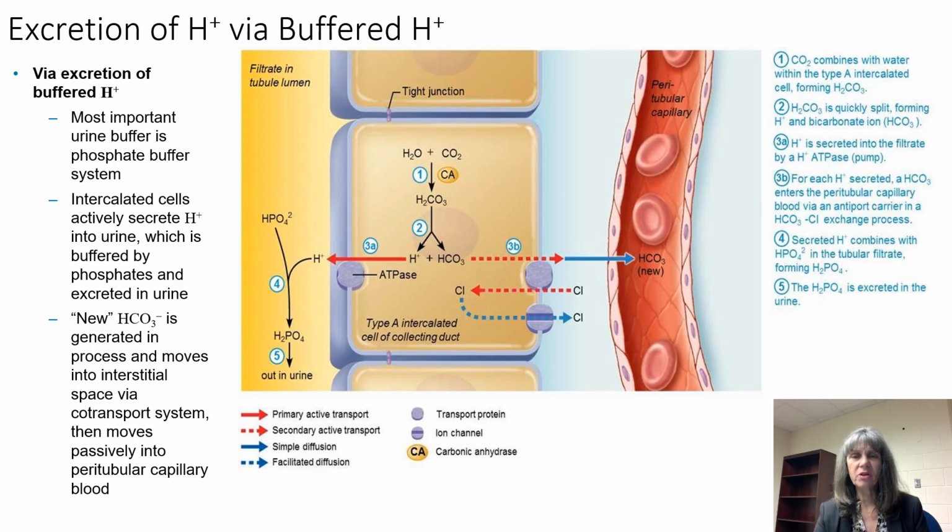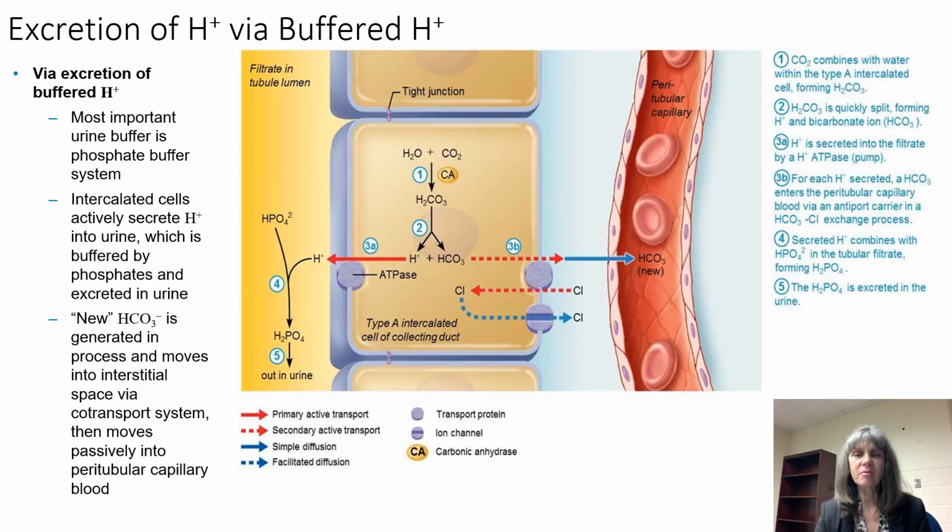And then you'll also notice that the bicarbonate, if you go back in the middle of the cell to the number 2, the bicarbonate ion is going to enter the peritubular capillary by way of an antiport carrier, which is going to pump out the bicarbonate.